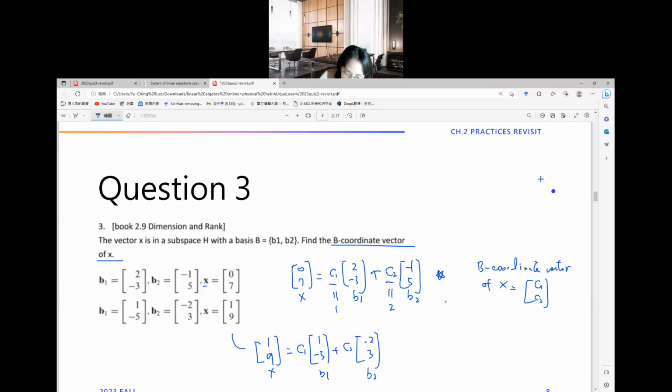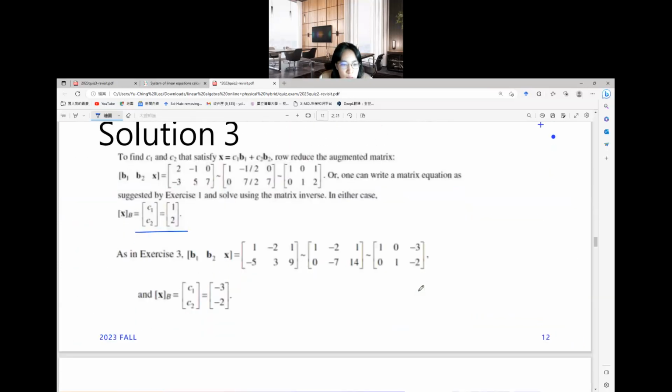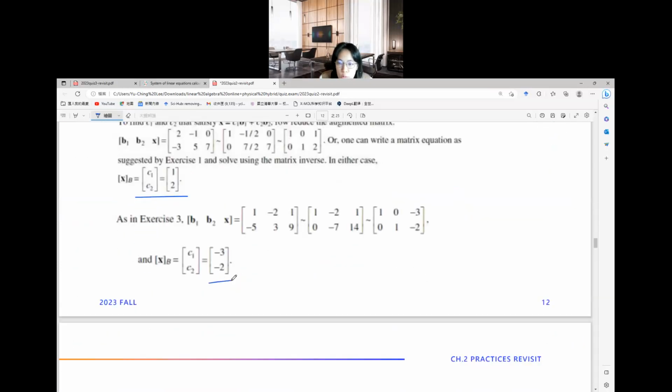And again, the B coordinate vector of x is equal to the collection of C1 and C2. So the answer shows that C1 and C2 equal -3 and -2.